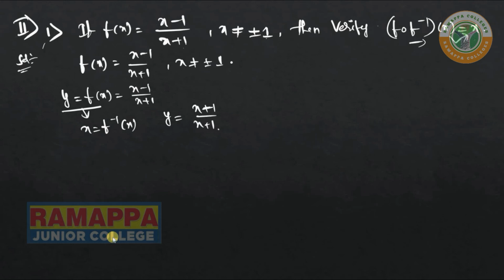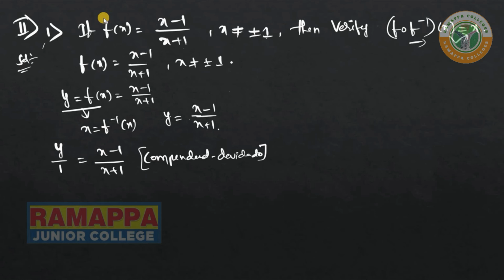And then we'll do one thing. I'm sorry, I am writing directly. Here y by 1 is equal to (x minus 1) divided by (x plus 1). So here I am applying componendo and dividendo. You can ask your sir, he will explain it in your class.